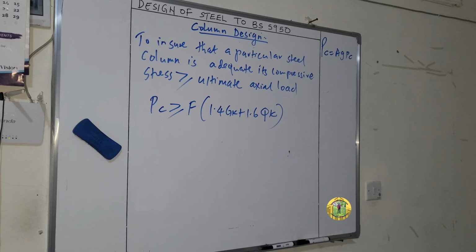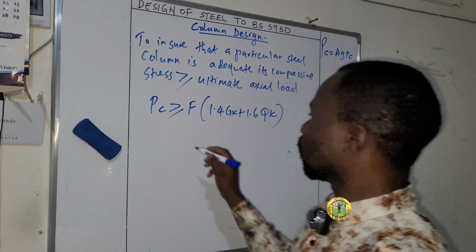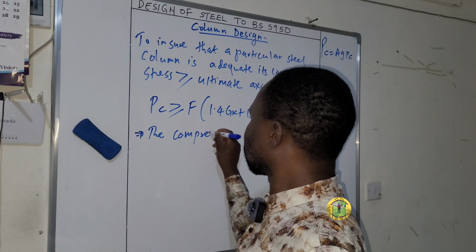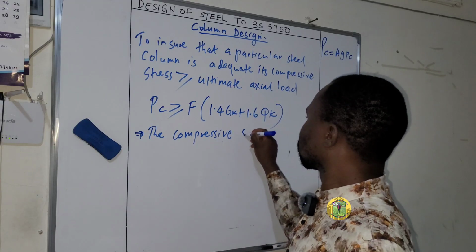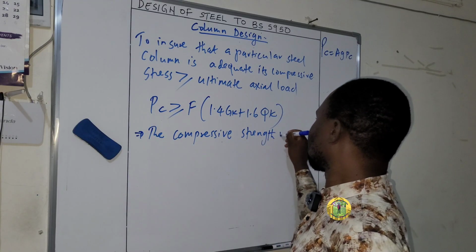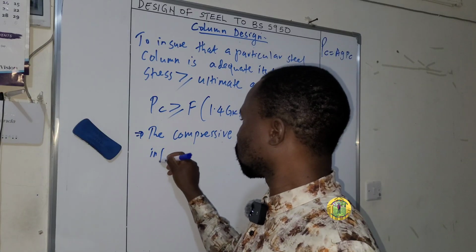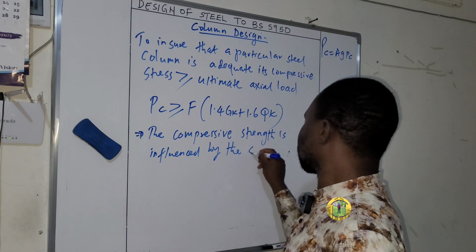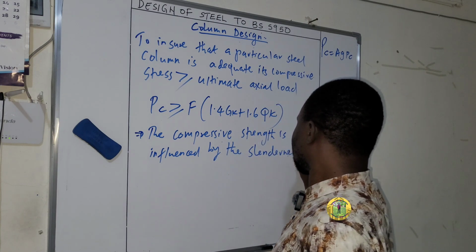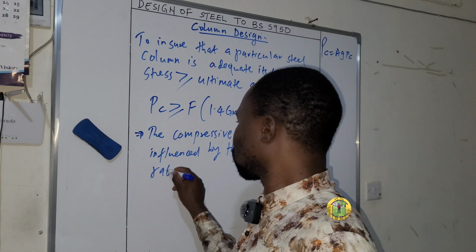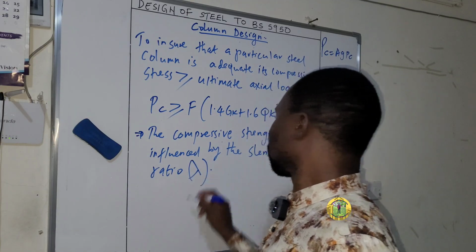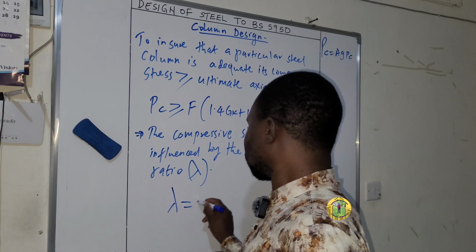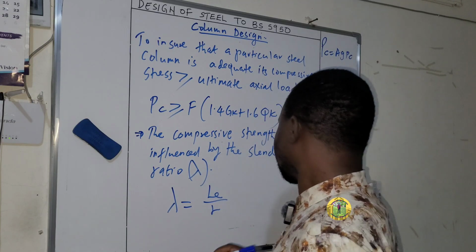The compressive strength is influenced by the slenderness ratio, which is symbolized by lambda, whereby lambda is equal to LE over r.